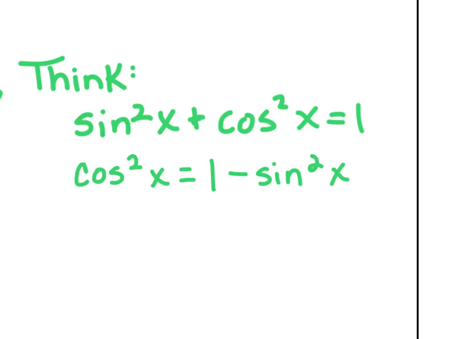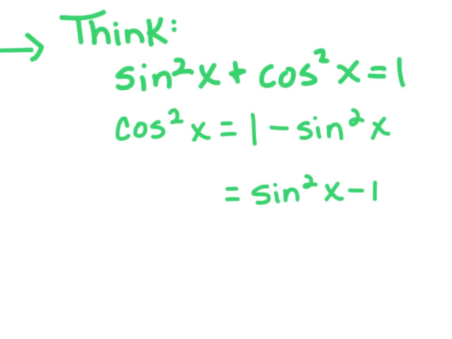And remember that we can't switch a subtraction without making another change. So in order to switch 1 minus sine squared and to make it sine squared minus 1, I have to multiply both sides of the equation by a negative 1. And so the sine squared of x minus 1 is equal to negative cosine squared of x.